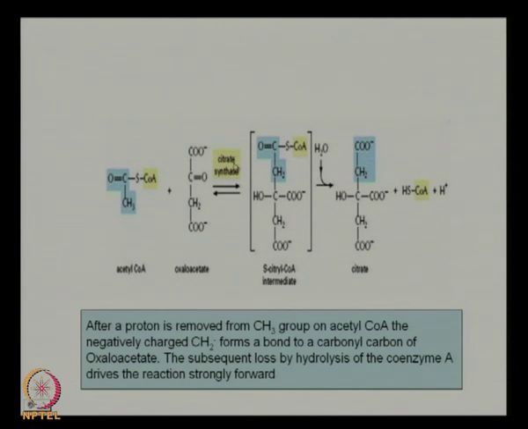In the presence of citrate synthase, it produces an intermediate product called S-citryl CoA.